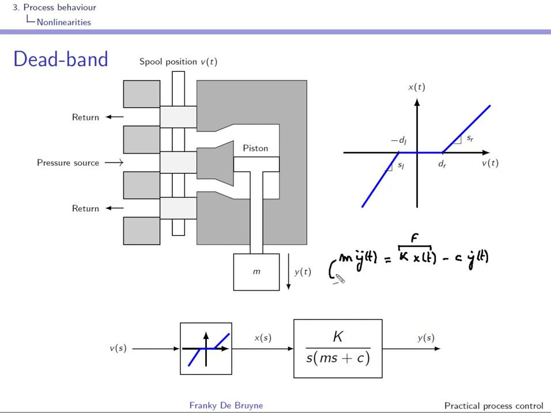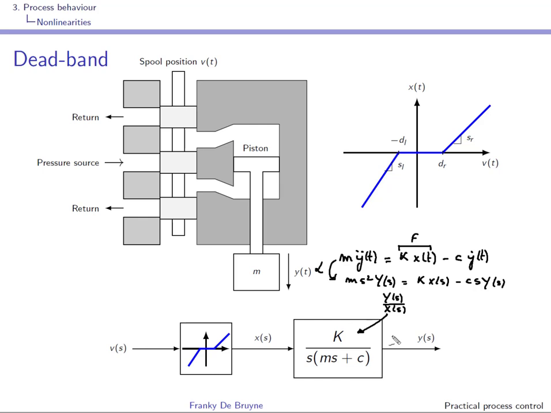If we go to the Laplace domain, we have m s squared Y(s) equal to k X(s) minus c s Y(s). So the dynamics and the transfer function are given by this transfer function over here. This transfer function is given for your information.